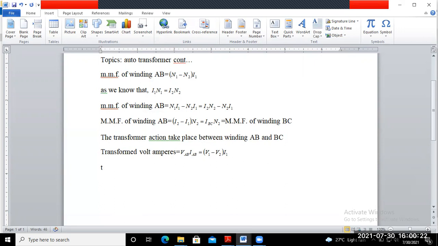So total input volt ampere to the transformer is equal to V1 I1.